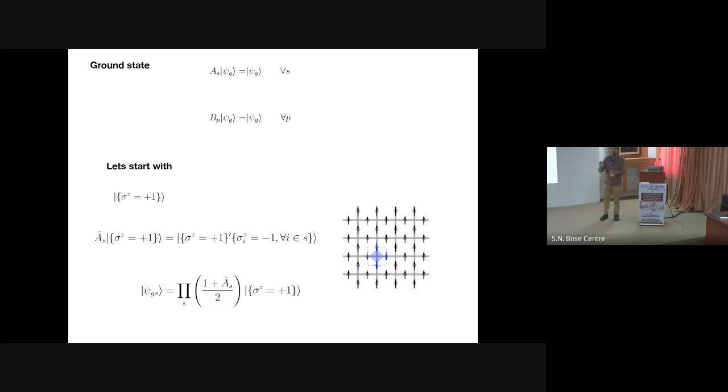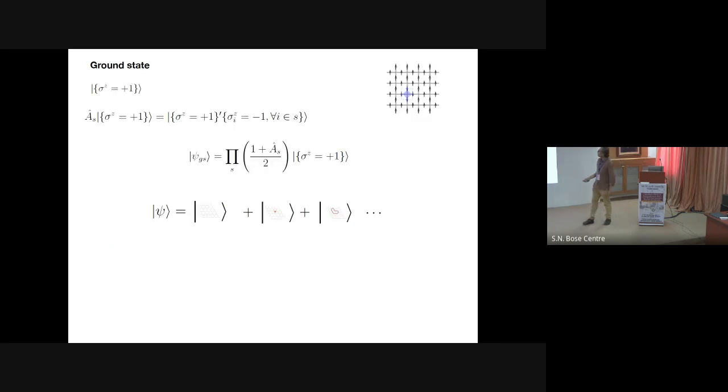And acting with further operators sort of permutes between different states with different closed loops. Okay. And that's essentially what this thing is. What it is basically, you take the all up state, you take one loop of down state, you take a bigger loop, you take 2 loops, and take equal superposition.